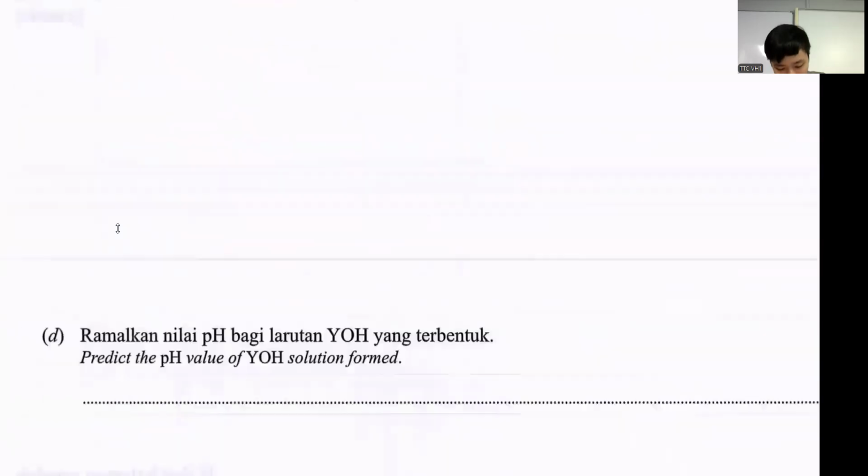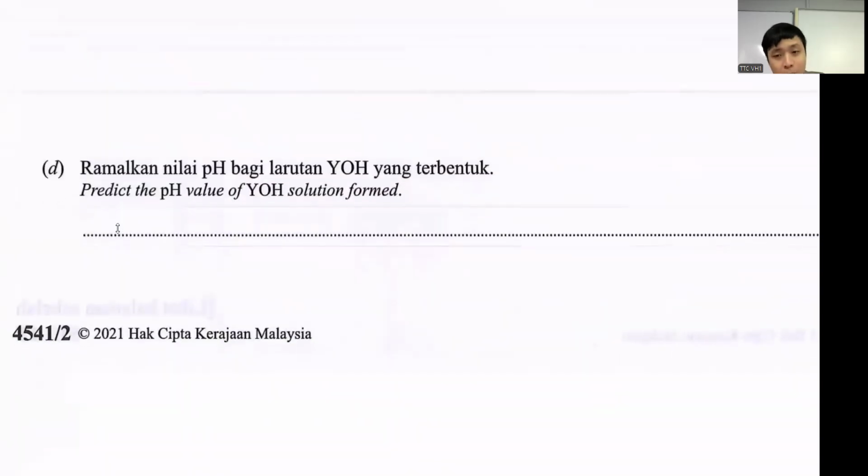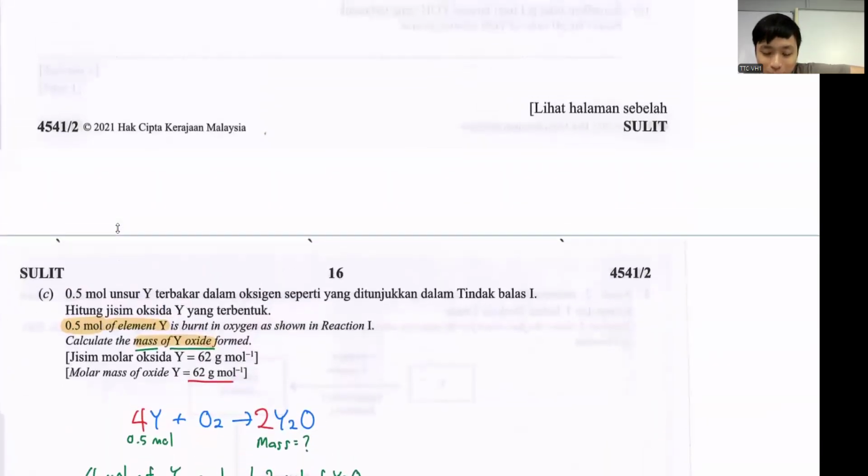And then predict the pH value of YOH solution formed. So in this case, pH value of YOH. YOH is what? What kind of chemical substance? Alkaline.